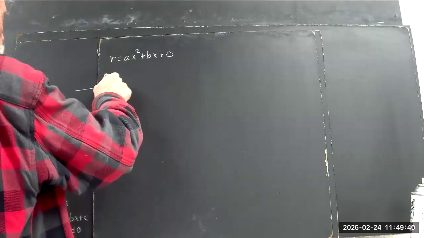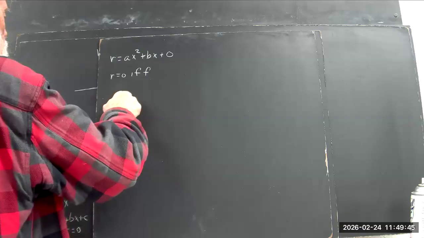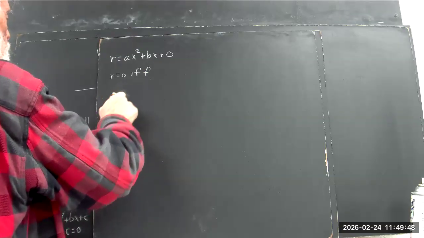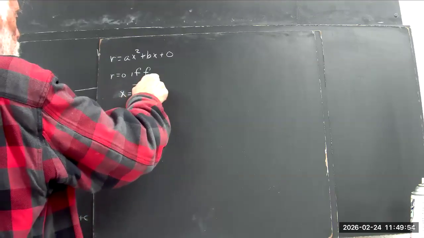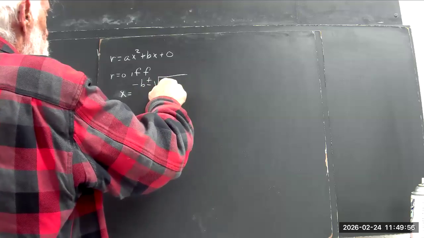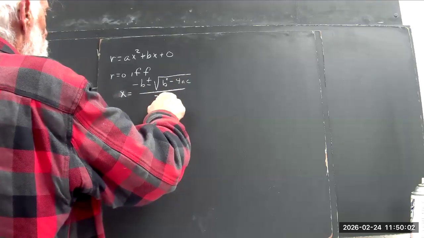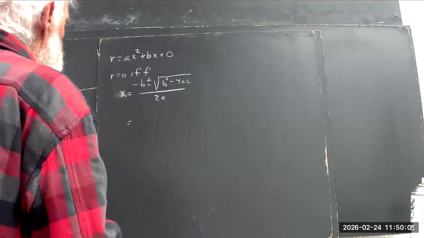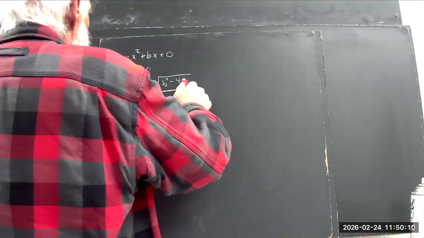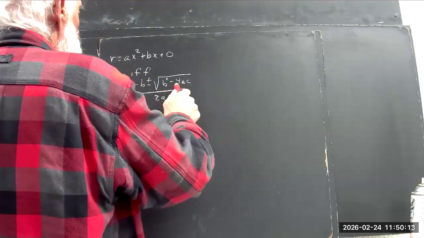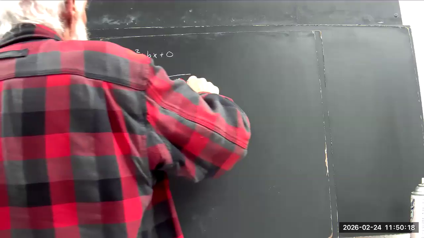What does the quadratic formula tell us? It says R equals 0 if X is negative B plus or minus the square root of B squared minus 4AC, all divided by 2A. In this case, C is 0. If C is 0, then since C is being multiplied by 4A, 4AC is going to be 0.